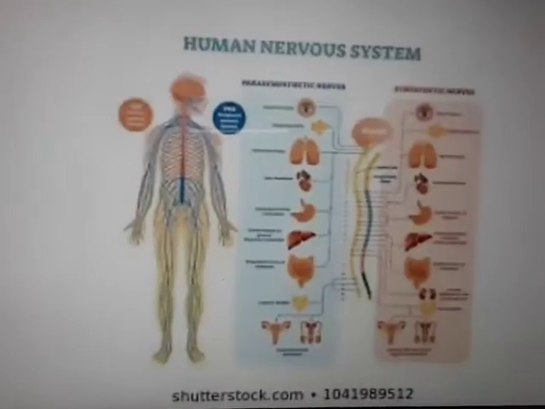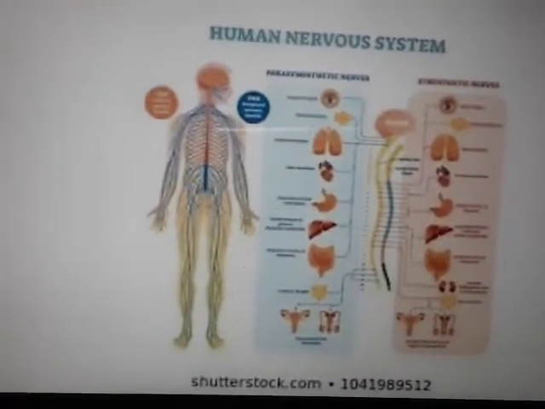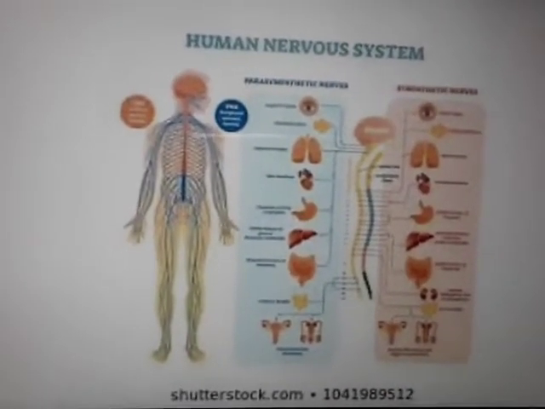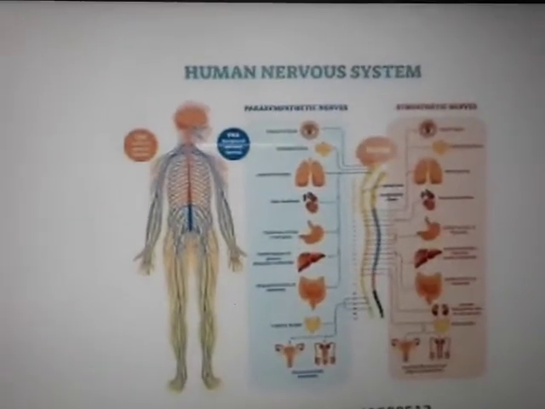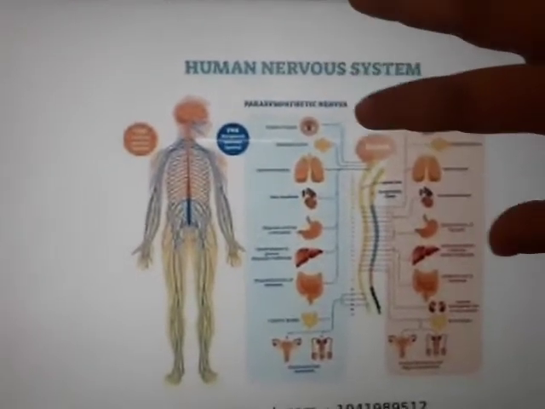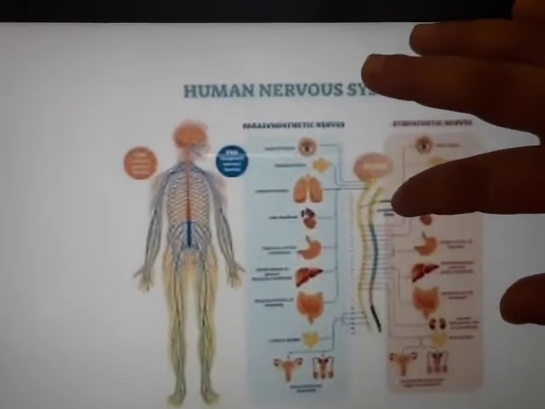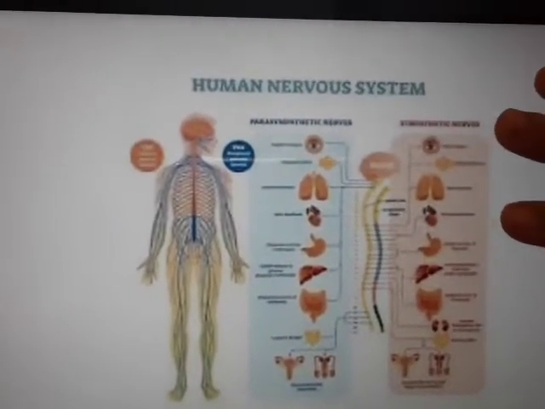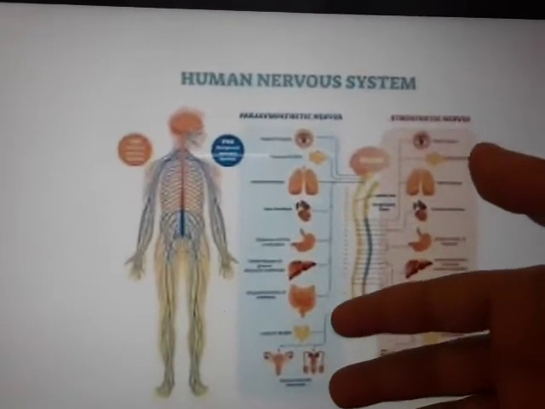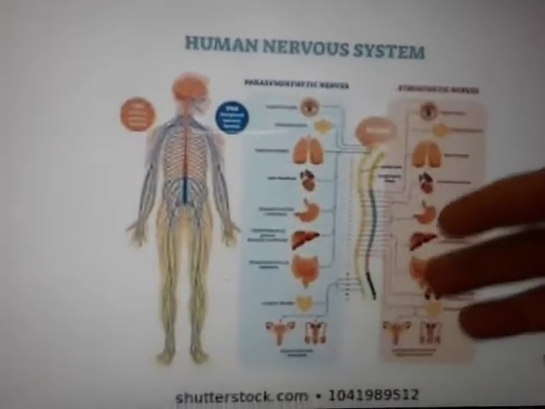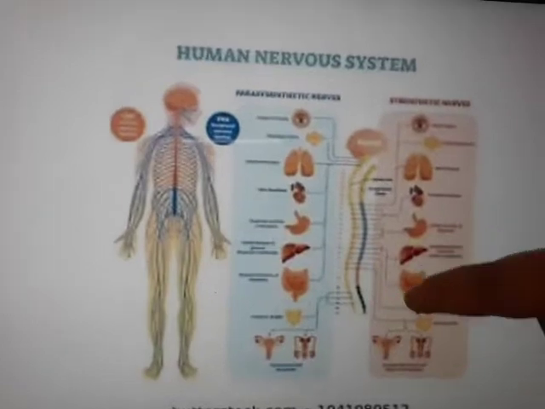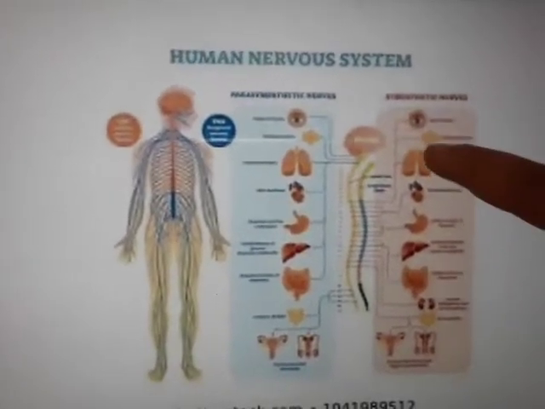And then the human nervous system has also been divided into various nerves which supply different regions of the body, like the eyes are supplied by some different nerve, the lungs by different, and the stomach by different nerves. And the reproductive organs are also supplied by different nerves. We also have our intestine supplied by different nerves.